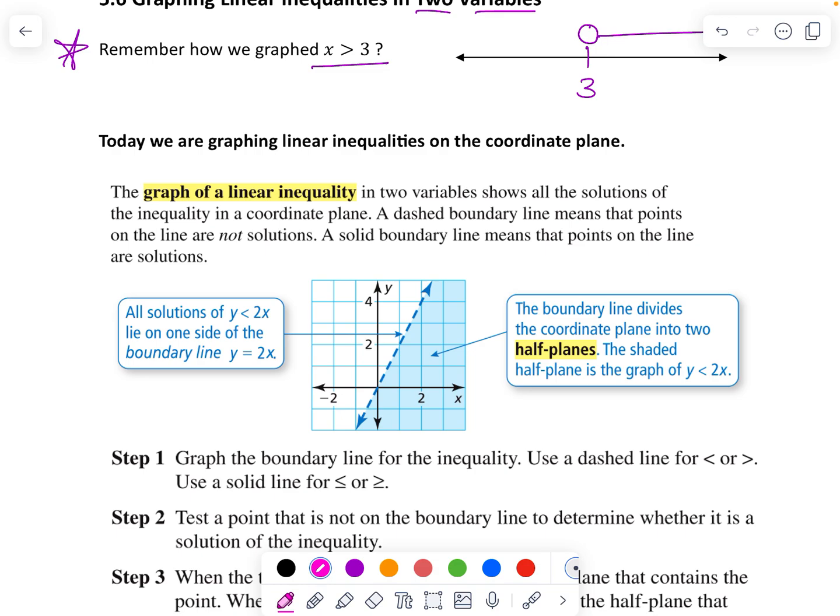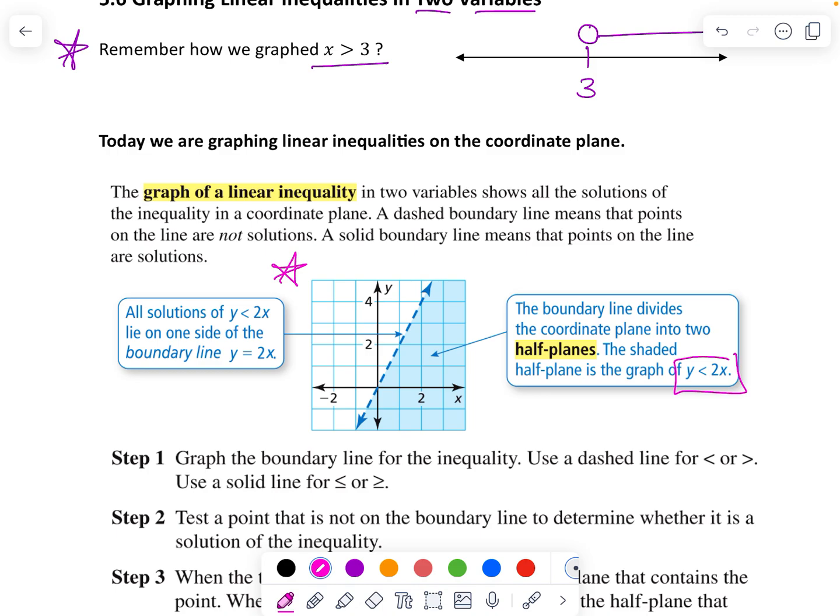On our coordinate plane, notice in this example, this is the graph of y is less than 2x. So y is not equal to 2x. The dashed line here is the line that represents y equals 2x, but it's not a solid line because it does not equal 2x. Since it's strictly less than, we do the dashed line, like the open circle on our number line.